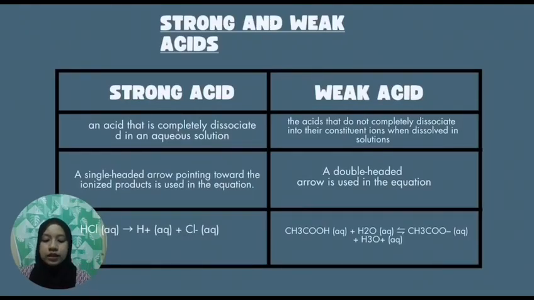Strong acid, a single-headed arrow pointing toward the ion's product is used in the equation. For weak acid, a double-headed arrow is used in the equation.